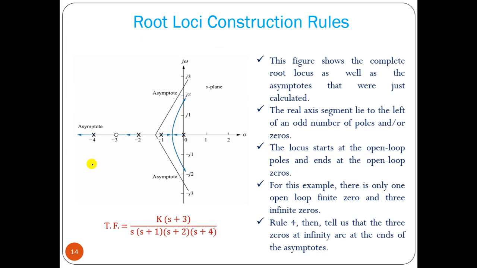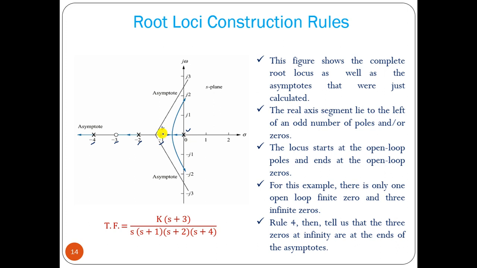Okay, and the sketch is like this. We have zero at 0, then poles at minus 1, minus 2, minus 4, and zero at minus 3, isn't it? Now we can find out the real axis segment. On the right hand side there is nothing, so no root locus path.